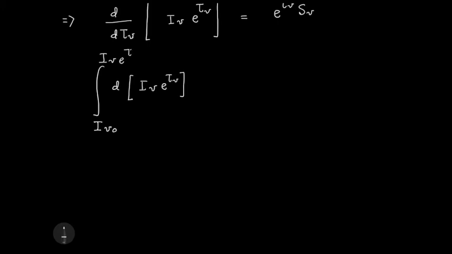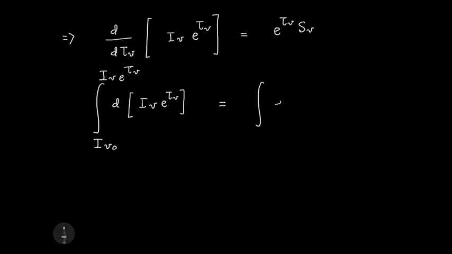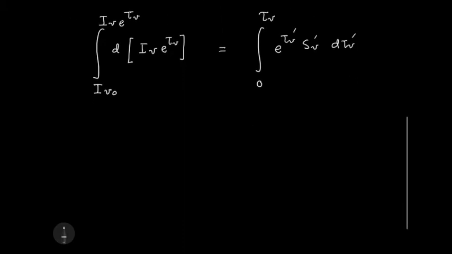So this is I nu 0 in the lower limit and I nu e to the tau nu here. On the right hand side, I get this integral of e to the tau nu prime, with a prime because it's a running variable, S nu prime, which is also a function of tau nu, remember, d tau nu prime. And the integral is over 0 because at the source it is 0, at the observer it is tau nu.